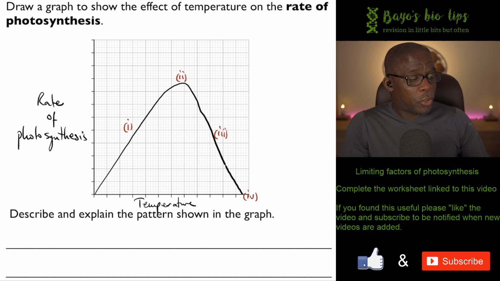And as such, if you end up with a high temperature, you favor the oxygenase activity, which is not very helpful, and you end up with a decline in the rate of photosynthesis. And then eventually the temperature is so high that the plant dies and you end up with a rate of 0.